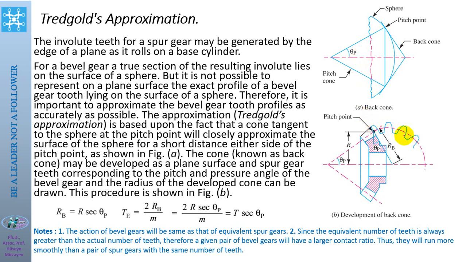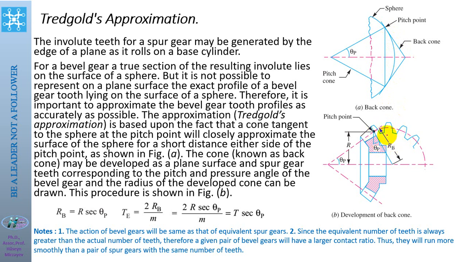The equivalent number of teeth must be defined for the equivalent spur gear, whose pitch circle radius is equal to this distance, this back cone radius, RB.